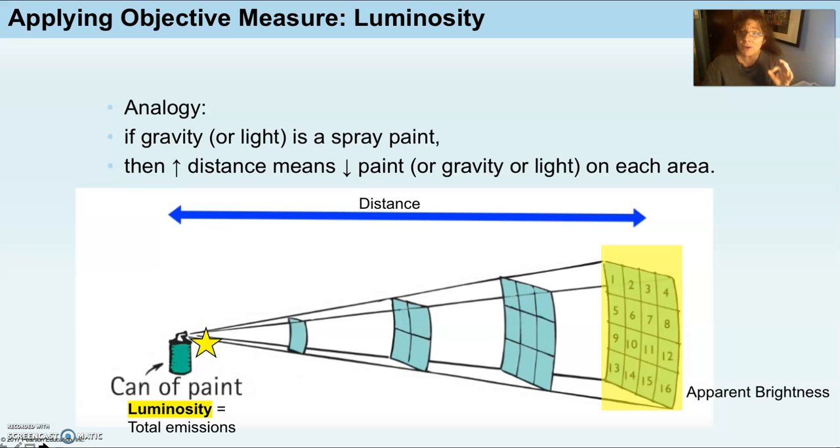When we talk about luminosity, we're actually talking about the total emissions of the star, meaning the gamma rays, the ultraviolet rays, the visible wavelengths, the infrared wavelengths, the radio wavelengths. All of the emissions and all of the wavelengths of the star go into the luminosity.